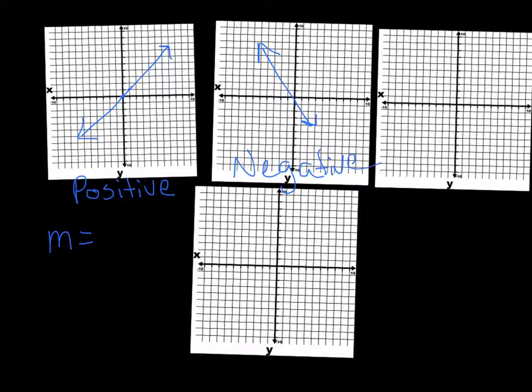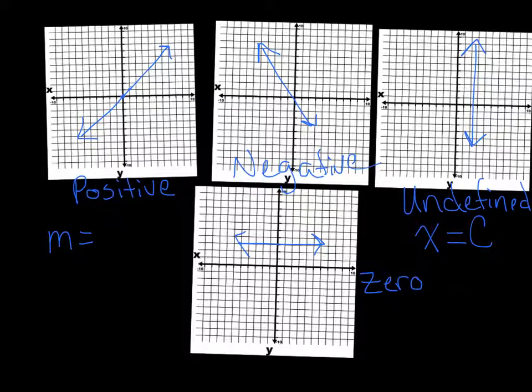Okay? There are also times when you may end up with a vertical line, and this slope is called undefined. And this happens when your equation is just x equals a constant, or x is just equal to a number, okay? And then the last one is if your line is just horizontal, this slope is zero slope, okay?